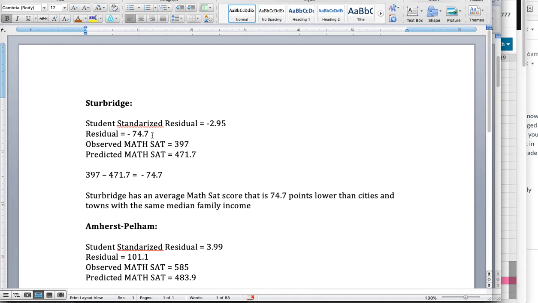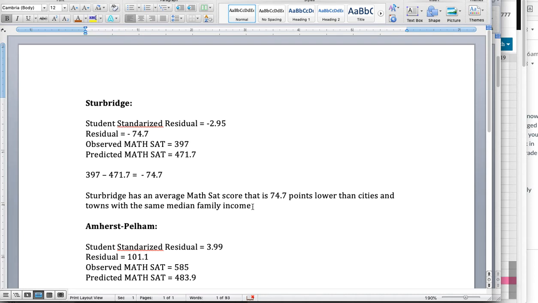The actual residual was -74.7. I tracked down the observed and the predicted math SAT scores for Sturbridge. Now, of course, if you take the difference, observed minus predicted, you get the residual. The observed is a lot less than the predicted.